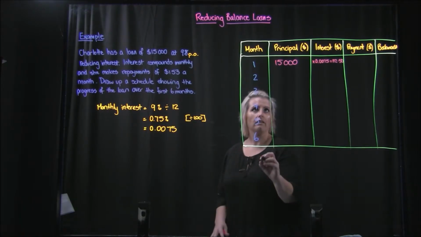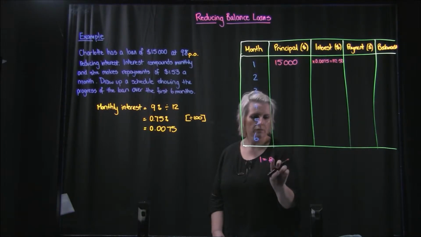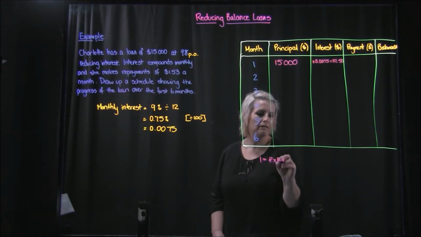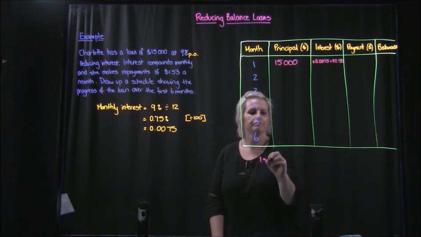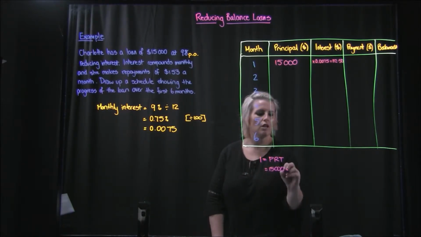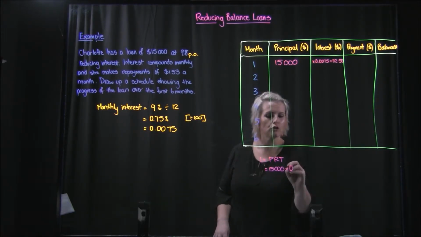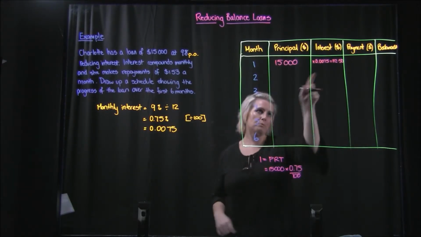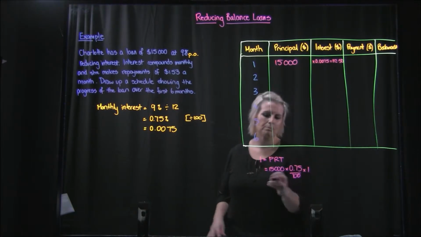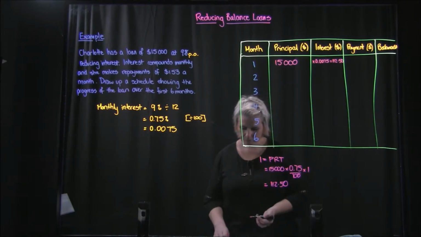Now, it'll be principal, rate, time, PRT, so it's only over a year. The principal's 15,000. The rate is either 0.0075, or if you want, you can do 0.75 over 100. If you leave it as a percentage, you have to put it over 100 first, and then of course times by 1, and that will still give you 112.50. Okay?